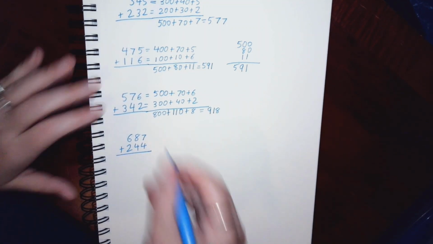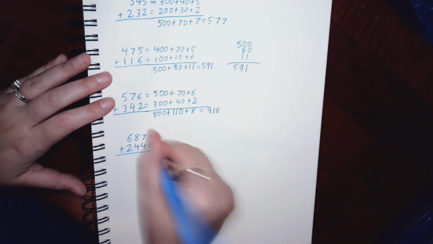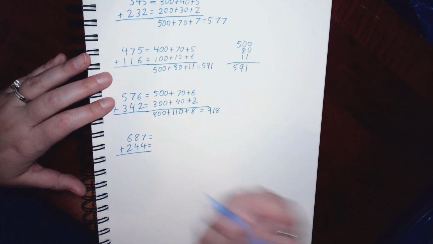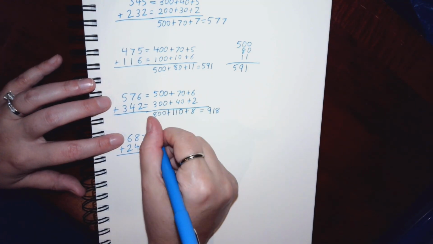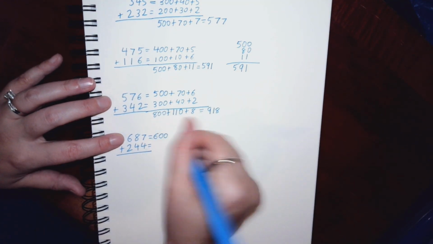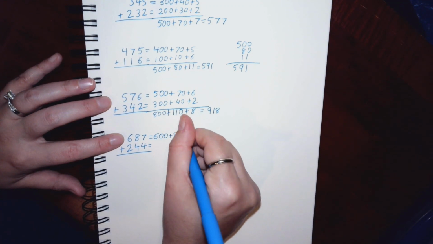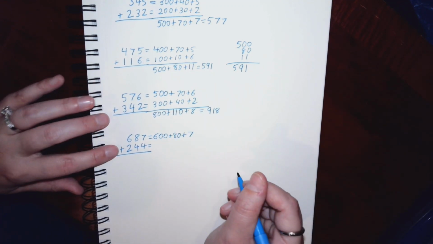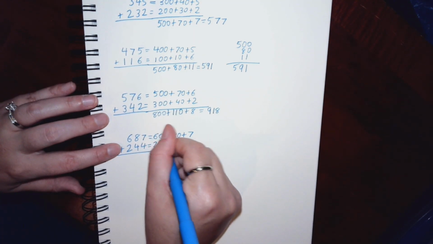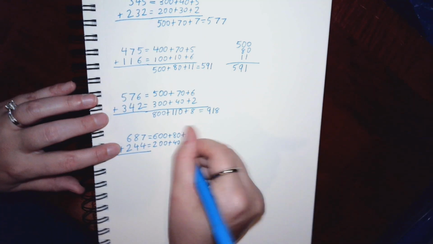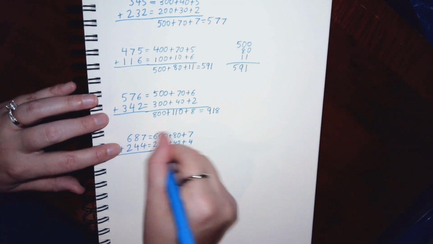Okay, let's expand that out. If you can't tell, I think of my problems on the fly here. Okay, so 687, I would expand that to 600 plus 80 plus 7. Here, so I have 244, I'm going to do 200 plus 40 plus 4.